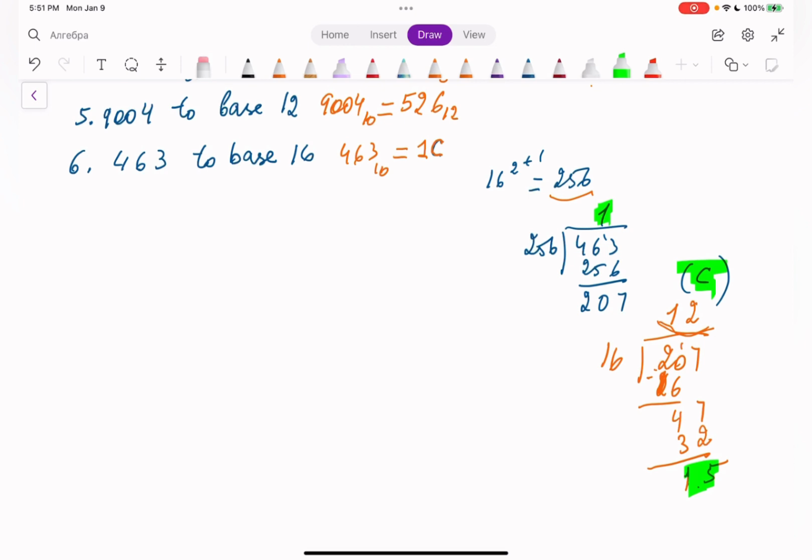So 10 is A, 11 is B, 12 is C, 13 is D, 14 is E, and 15 is F. So it's going to be here F, 1, C, F in base 16.